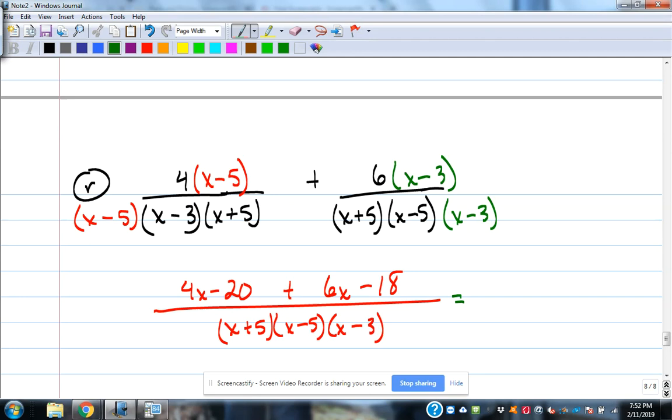We're doing addition because the original problem was a plus, right? 4x plus 6x is 10x. Negative 20 plus negative 18 is negative 38. The denominator hasn't changed any: x plus 5, x minus 5, x minus 3.